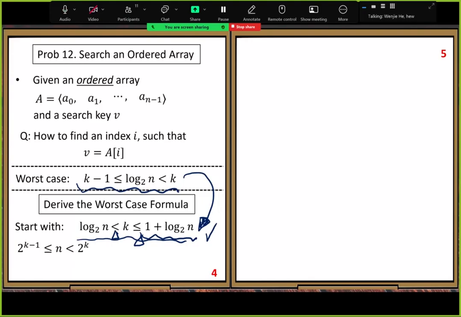There is uncertainty for the lower bound. So we need to go back to look at our previous inequality, because we want to extract more information from it.